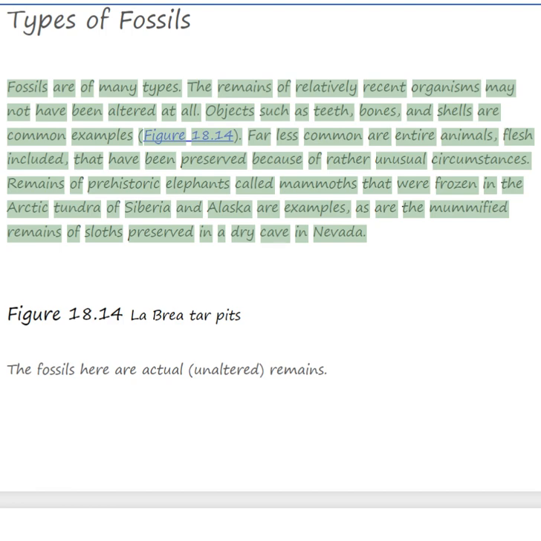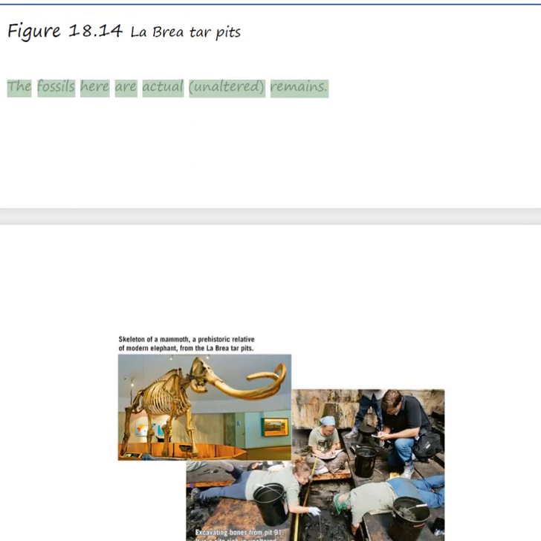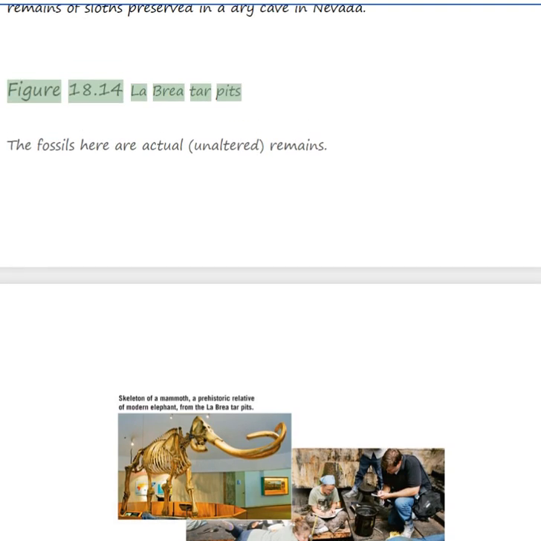Remains of prehistoric elephants called mammoths that were frozen in the Arctic tundra of Siberia and Alaska are examples, as are the mummified remains of sloths preserved in a dry cave in Nevada. The fossils here are actual remains. Figure 18.14 La Brea tar pits.